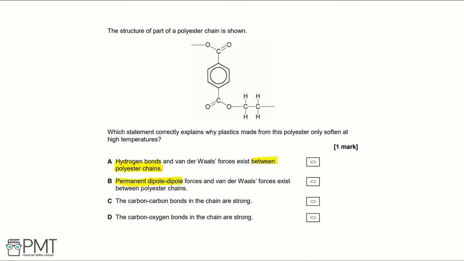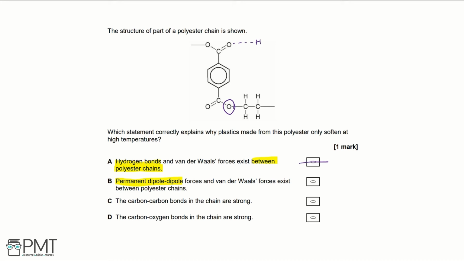That's because to hydrogen bond, you would hydrogen bond from this carbonyl group to a hydrogen. And that would mean that this oxygen would have to have a hydrogen attached to it, which it doesn't, and therefore it can't hydrogen bond. So A is incorrect.